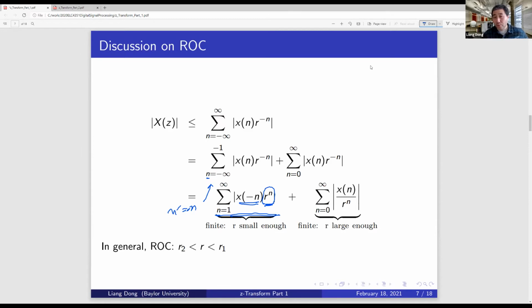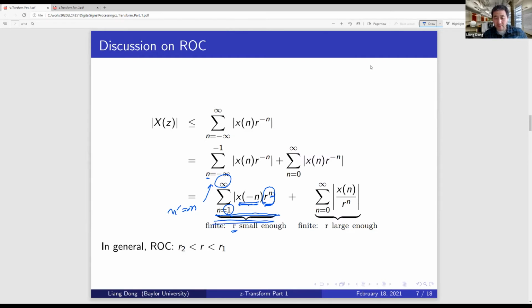Now, whether or not it should be just bounded by 1, I don't know, because in this case I have x[n] or x[-n], and it's not all ones. So maybe I have to discuss it. But the big direction is that this n is a positive number from 1 to infinity, so I want to make sure this base r is small enough in order for me to get a sum that is finite.